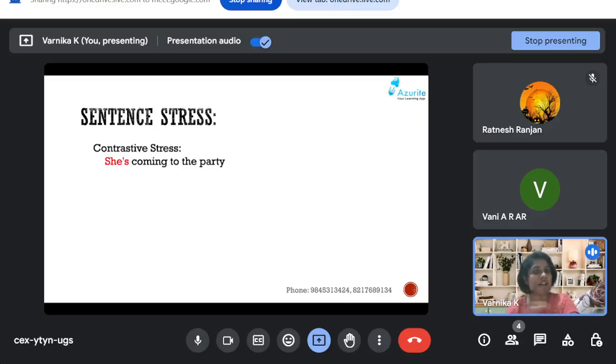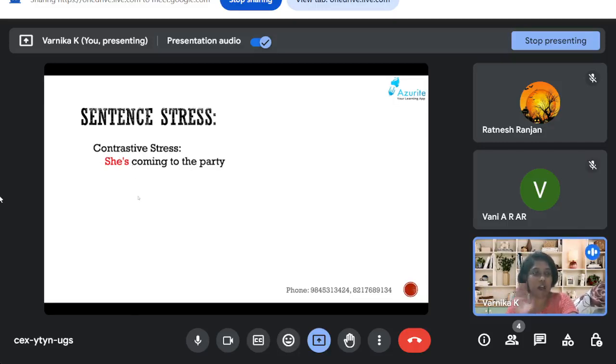The same word can be said in different ways and it will sound different. So based on how you sound, people will judge whether you are a native speaker or new to English, right? So that's the reason we have to practice where we stress the word and the sentence. So there are these examples.